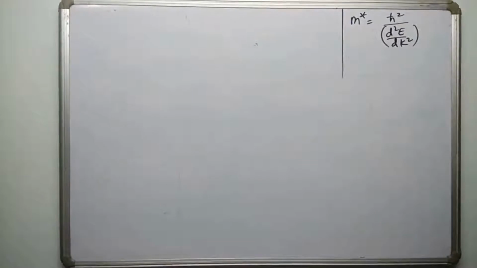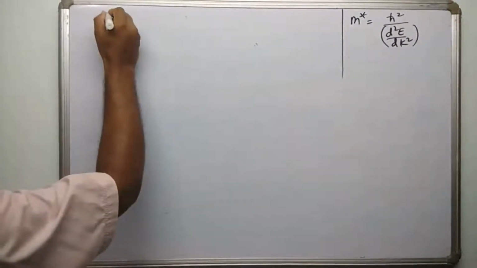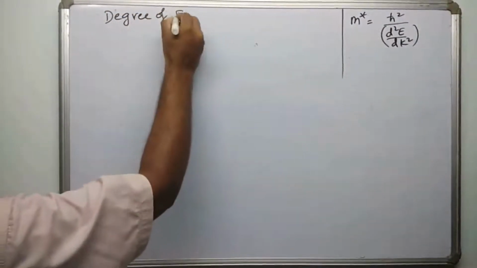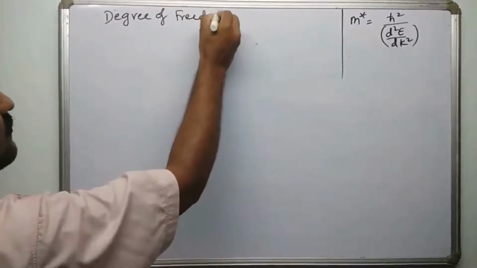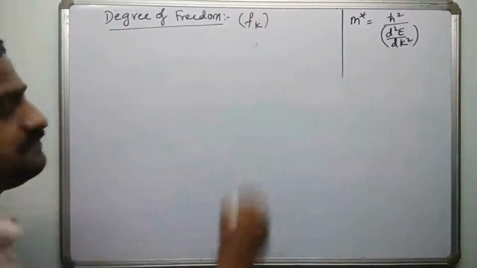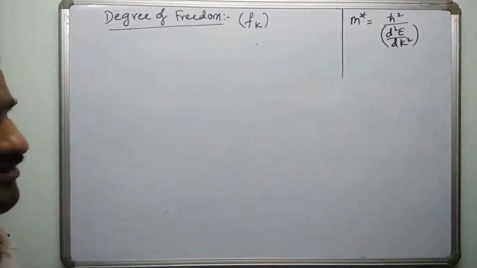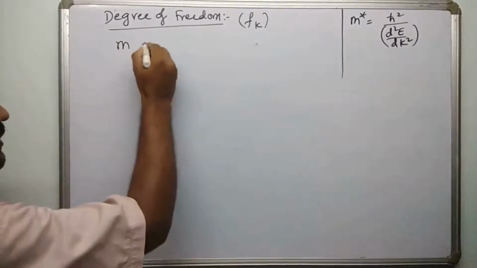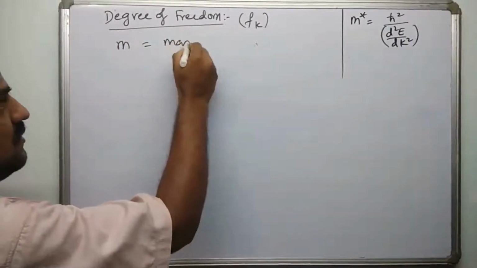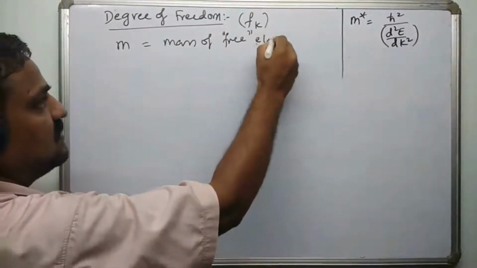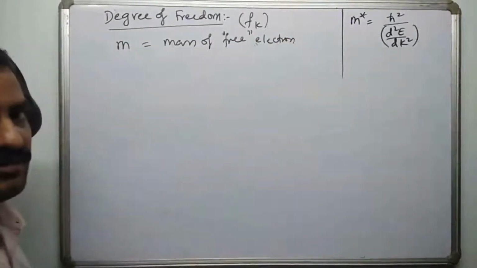So the next quantity is degree of freedom. I'll be calling this as Fk. What is this degree of freedom? Once again, this is purely mathematical. If you take m as the mass of free electron, see, the word free electron refers to an electron which is not bound.